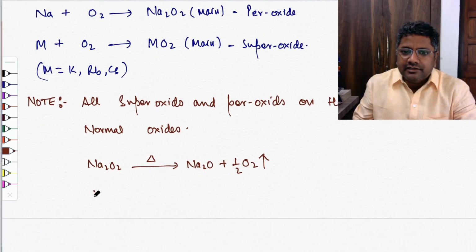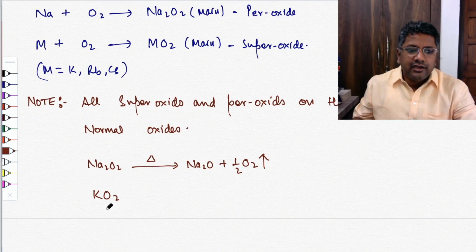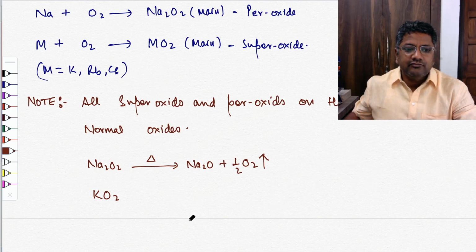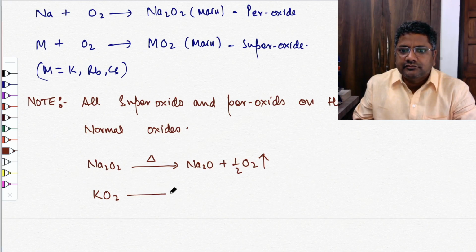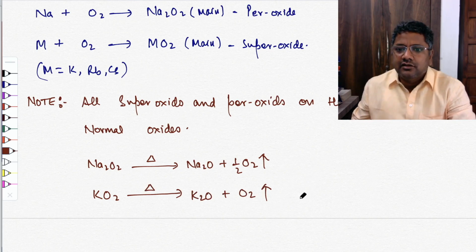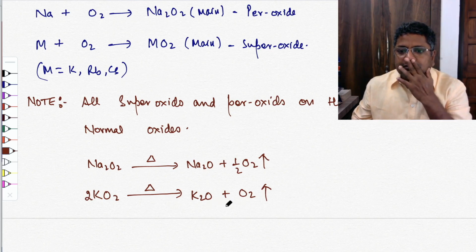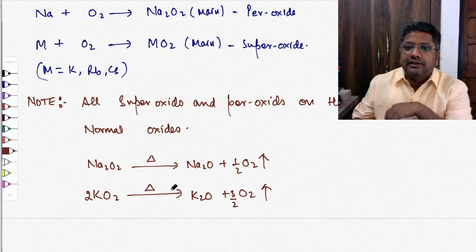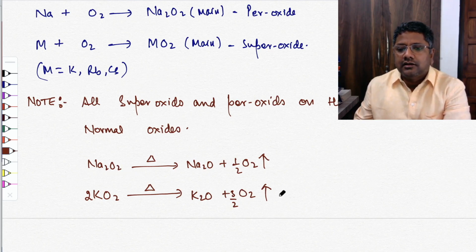Similarly, if you take potassium superoxide KO2, that also on heating produces K2O plus O2, right? 2KO2 gives K2O plus 3 by 2 O2.